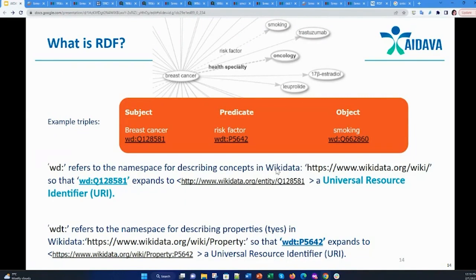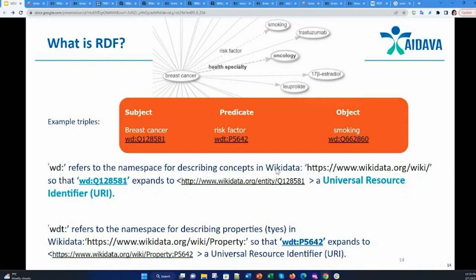The predicate or the relation is risk factor in our case, and the object of this relation is smoking. We can read this as breast cancer has risk factor smoking, but the opposite, the symmetric one, smoking has risk factor breast cancer, is not true.